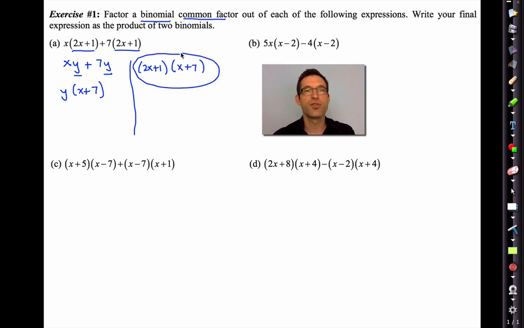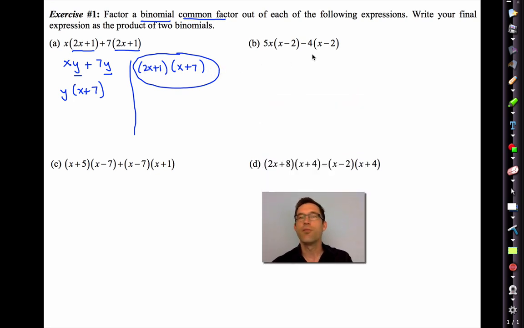This is the product of two binomials, right? A binomial and a binomial. Very similar here. I see an x minus 2 and an x minus 2. So I can factor an x minus 2 out, leaving me with a 5x minus 4. And again, we have the product of two binomials.